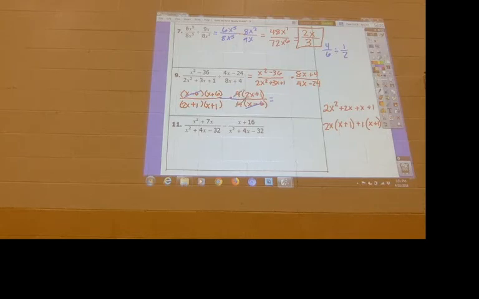I sure do. Do I have a 2x plus 1? Yes. I'm left with x plus 6 over x plus 1. Easy. I keep it this way. That's a simplified notation.